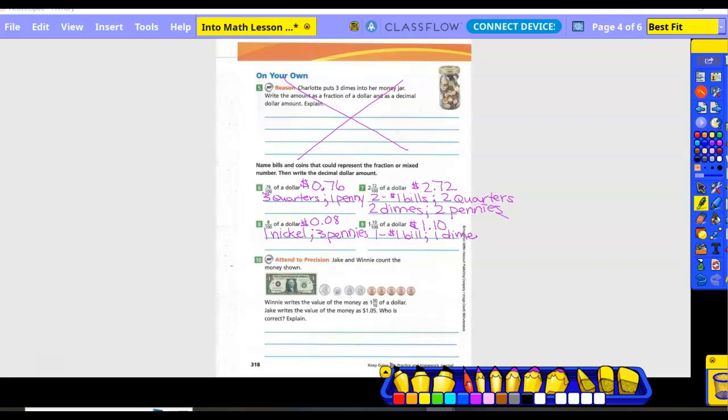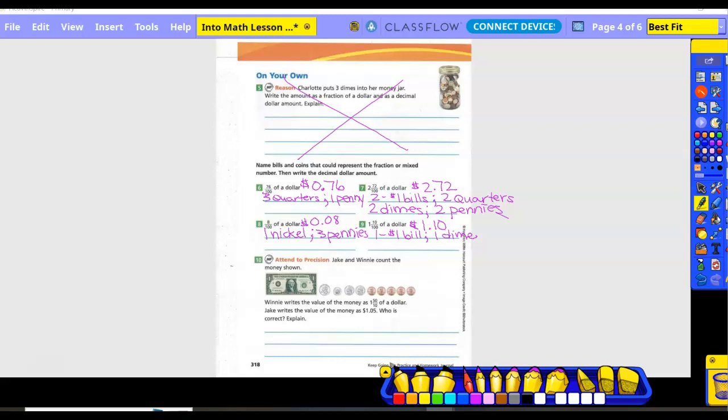Okay. Number 10, attend to precision. Jake and Winnie count the money shown. Winnie writes the value of the money as 1 and 50 tenths of $1. Jake writes the value of the money as $1.500. Who is correct? Explain. So we have the dollar.